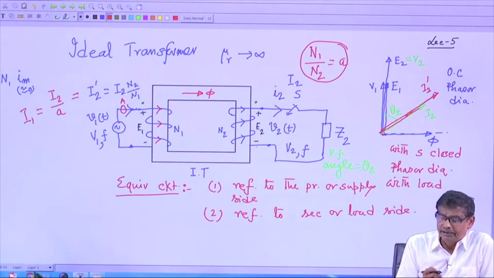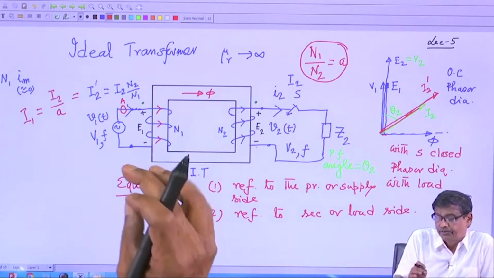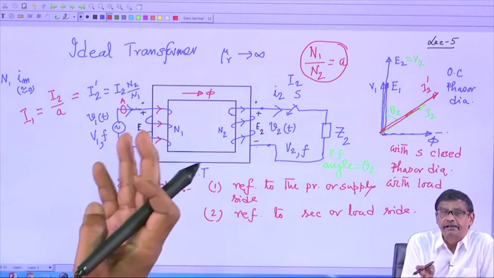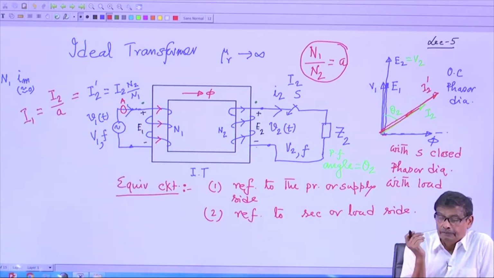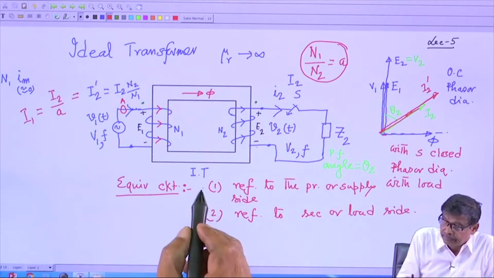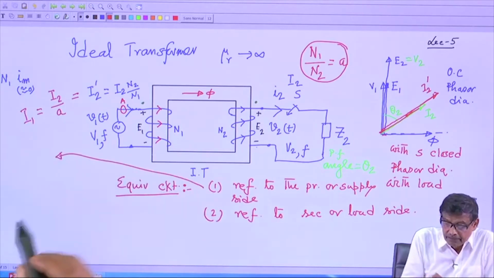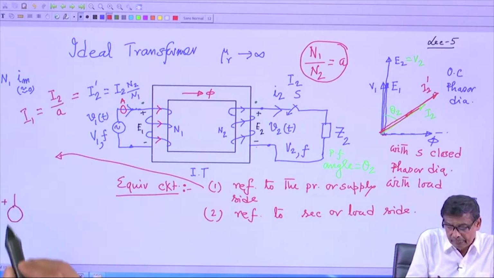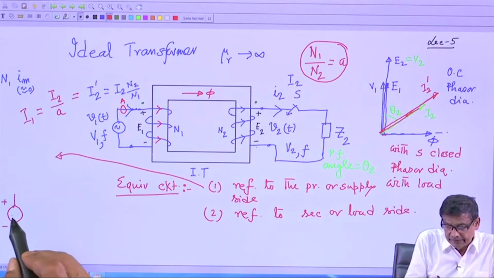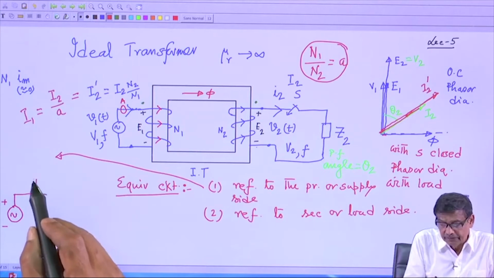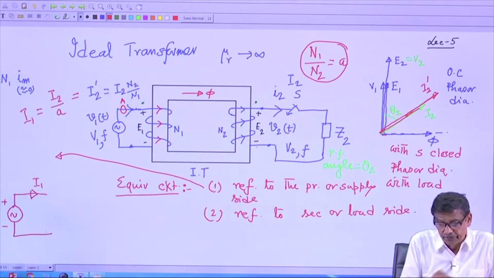It will interpret that as if across the supply V1 you have connected a load and it is delivering a current I1, that is all. Therefore, from the supply side, I can draw it like this. Here is V1, AC RMS voltage. It is supplying a current I1 when S is closed.